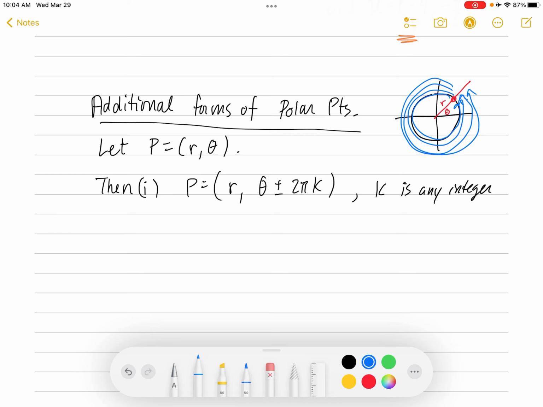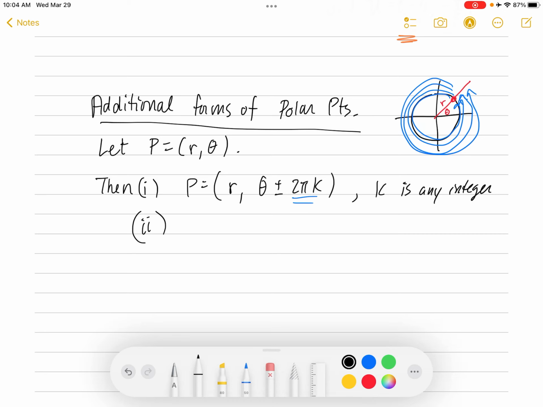I can add 4 pi, or 6 pi, or 8 pi. So I can add any multiple of 2 pi to my theta value here. That's just telling me I'm doing additional rotations. It's going to take me back to the same position, so it's essentially the same point. That's one thing you can do. You can either add or subtract multiples of 2 pi.